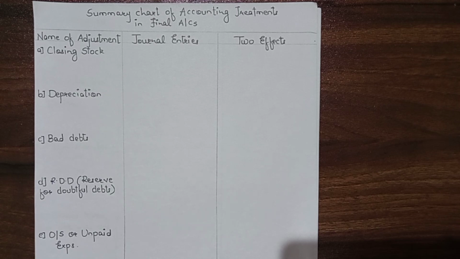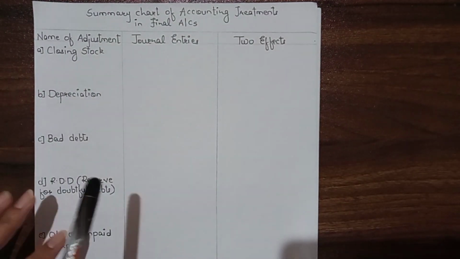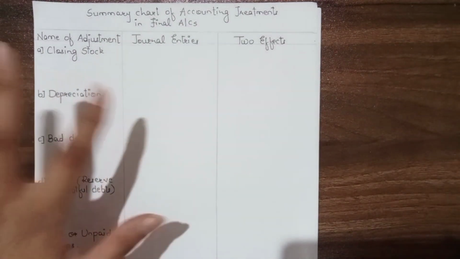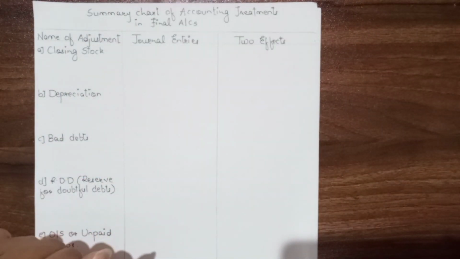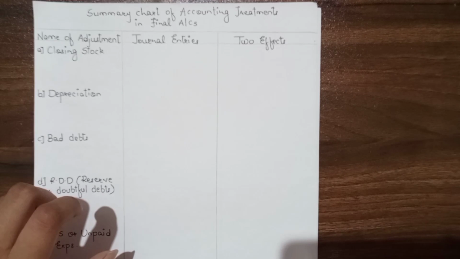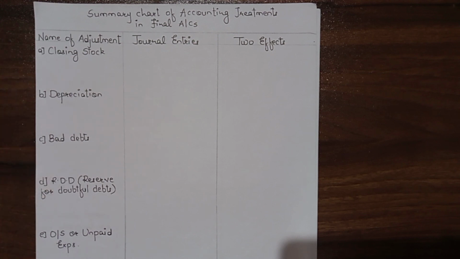So here, as you can see, this is a summary chart of accounting treatments in final accounts. I've made 3 columns: the first column says name of adjustment, the second column says journal entries, and the third column says two effects. Now I've already written the adjustment names.